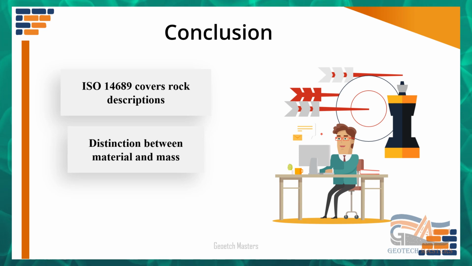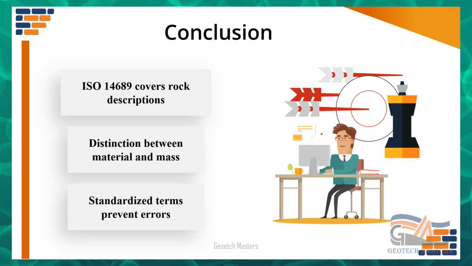We also clarified the boundary between soil and rock based on whether it breaks down in water. Using these standardized terms is essential. It ensures that our data is accurate, reliable, and understood by engineers around the world. This foundation will help us as we move into the practical steps of describing rock in the next videos.